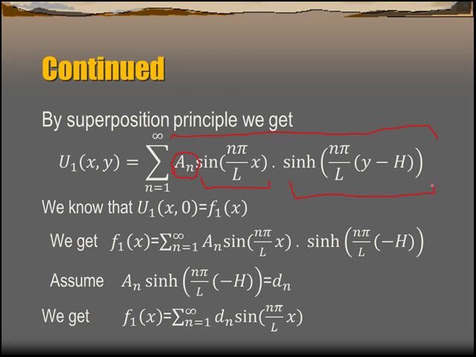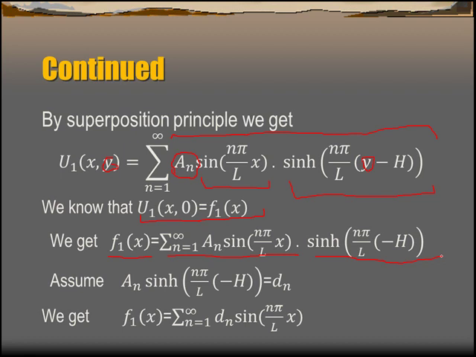Now we are trying to choose the values a n in such a manner that this solution satisfies the initial condition u1 at x, 0 is equal to f1 of x also. So imposing this condition, you can substitute y is equal to 0 here and here. So you get u1 at x, 0 which is equivalent to f1 of x is equal to summation n starts from 1 up to infinity a n sin n pi x over l into sin hyperbolic n pi over l into minus h. Now there are two types of constant.